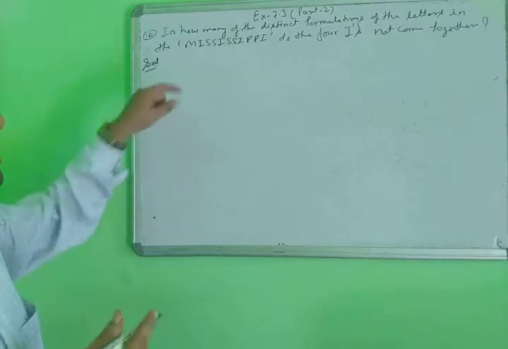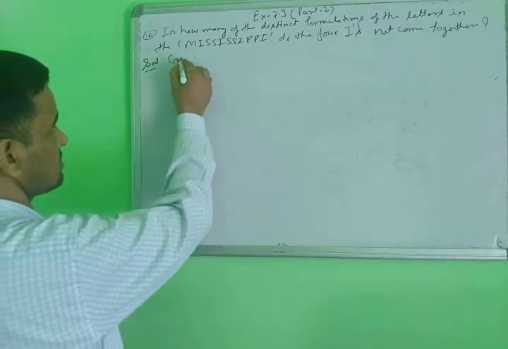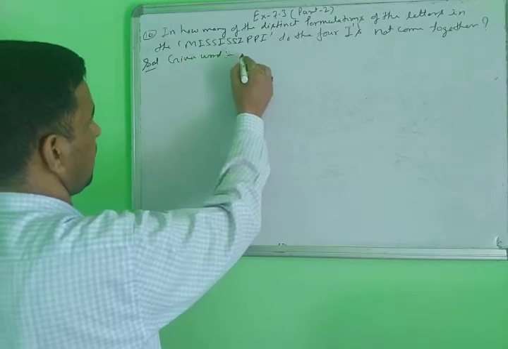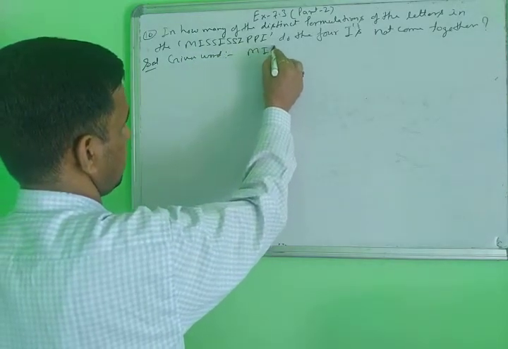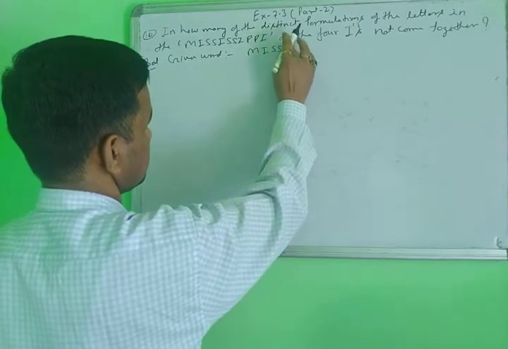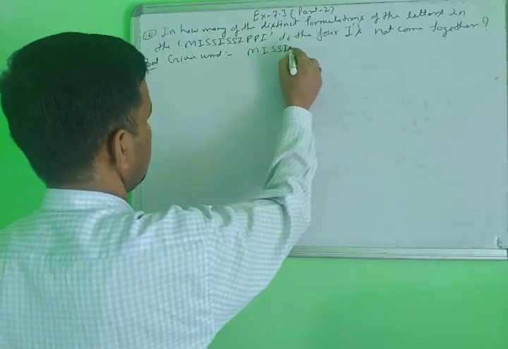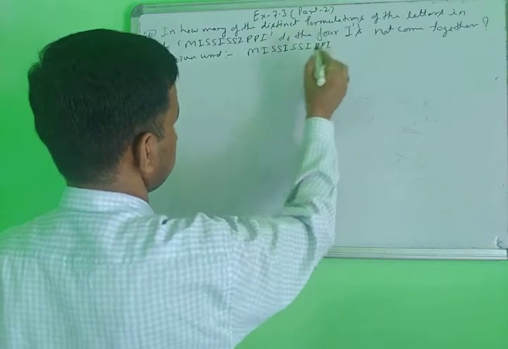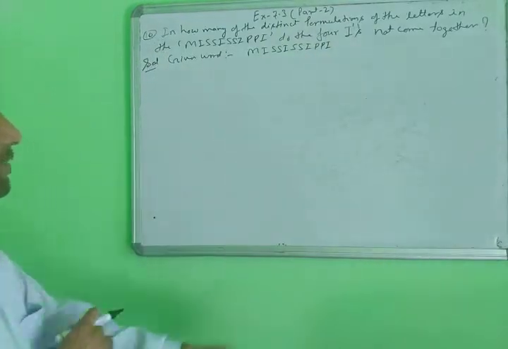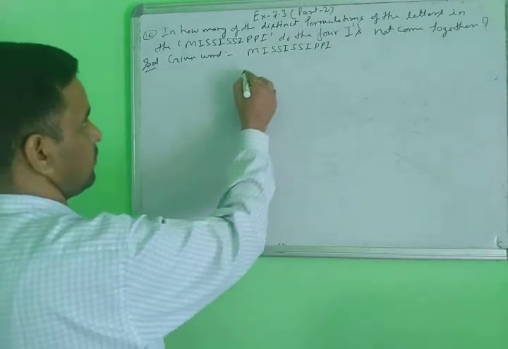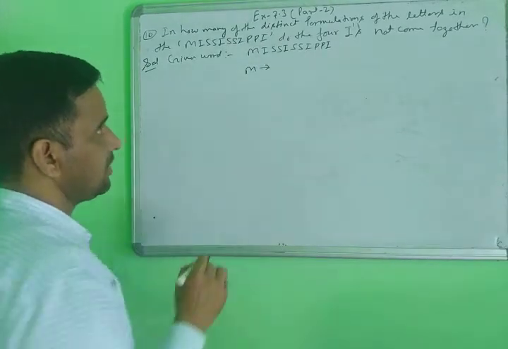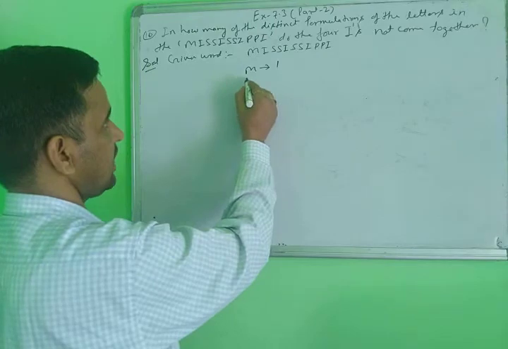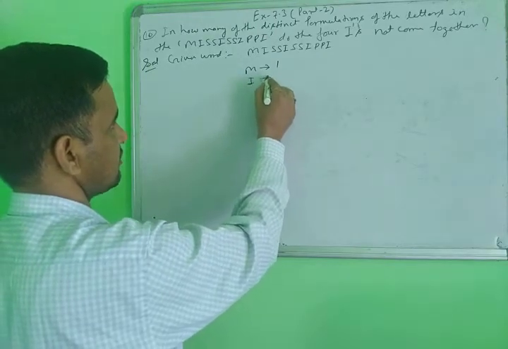So the given word is Mississippi, M-I-S-S-I. How many M's here? M is only one. How many I's here? I is 4.